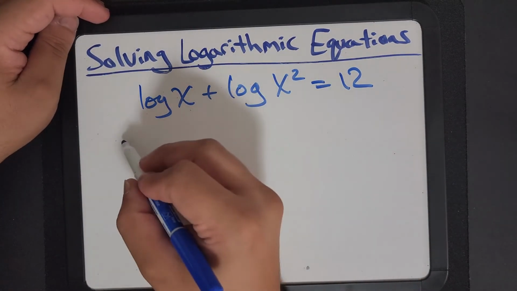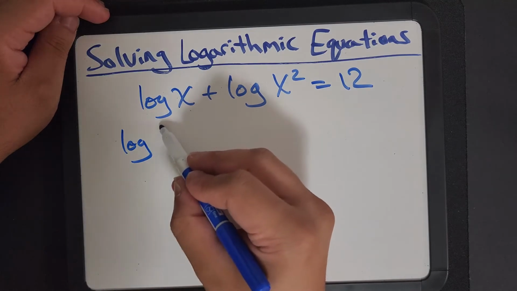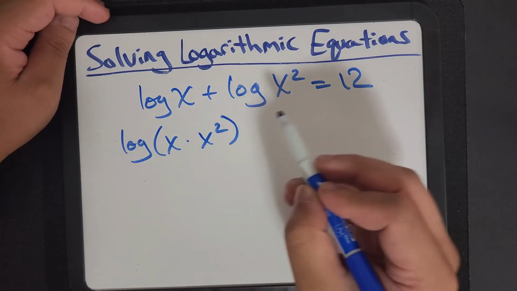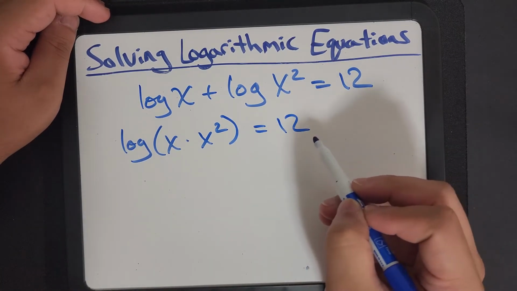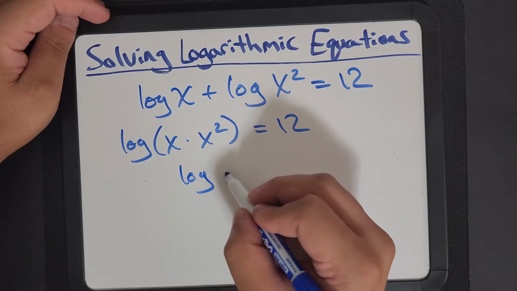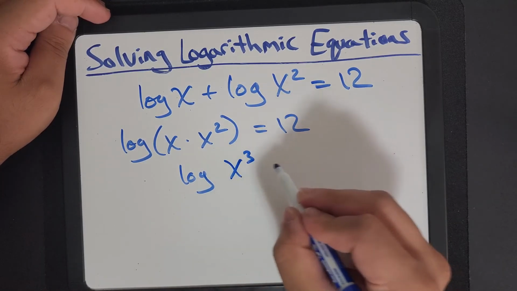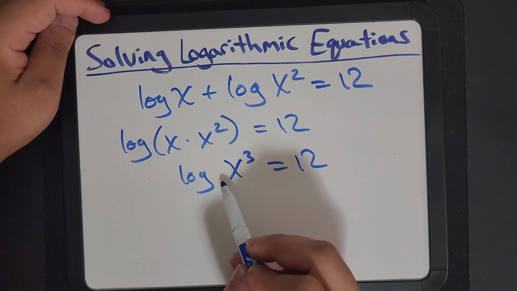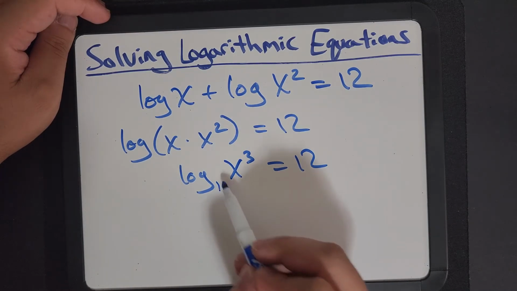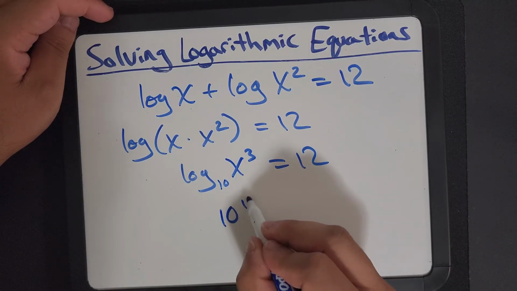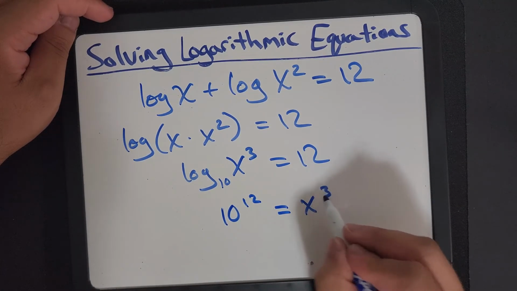So according to that, we can write log of x times x squared equals 12, which is log of x cubed equals 12. As you can see, I haven't written a base here, which means by default it's 10. So let's rewrite this as 10 to the power of 12 equals x cubed.